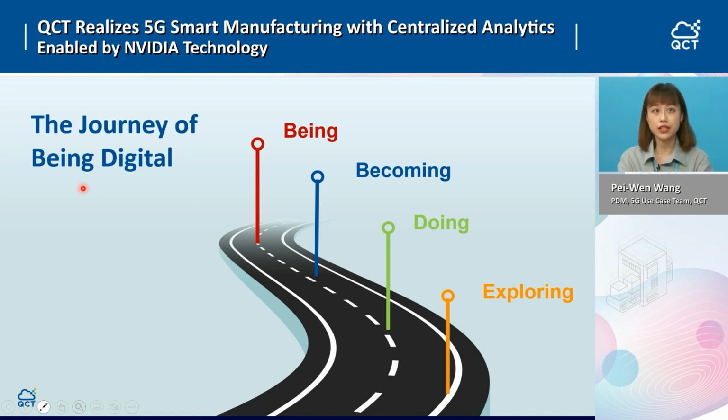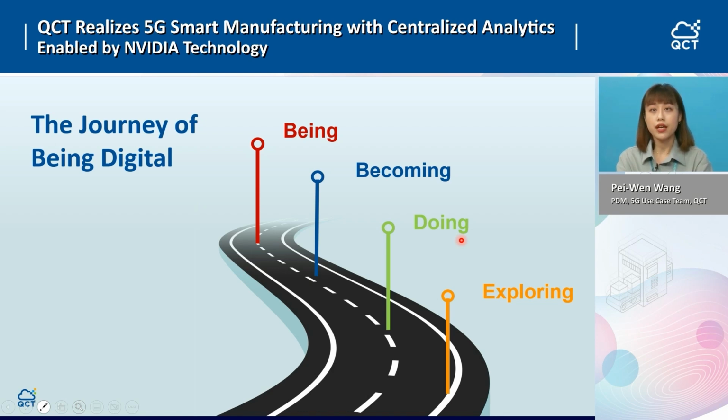There could be 4 steps. First is exploring. It means that enterprises need to understand the current challenges of one company and determine a suitable solution or strategy. And the second is doing, which is digitalization.